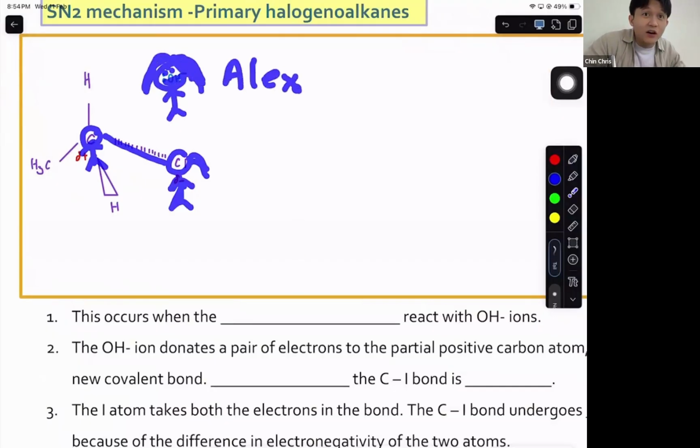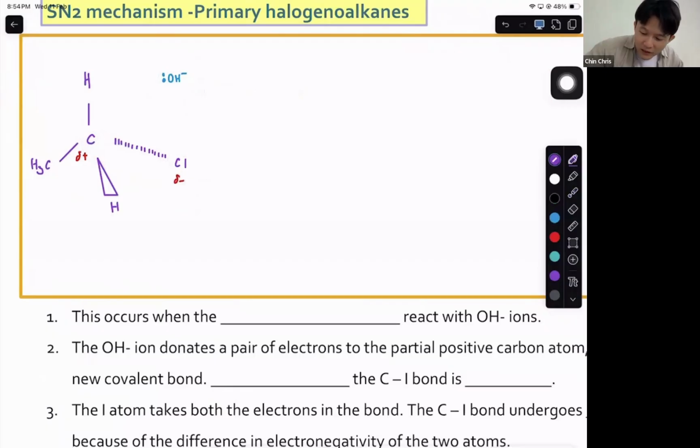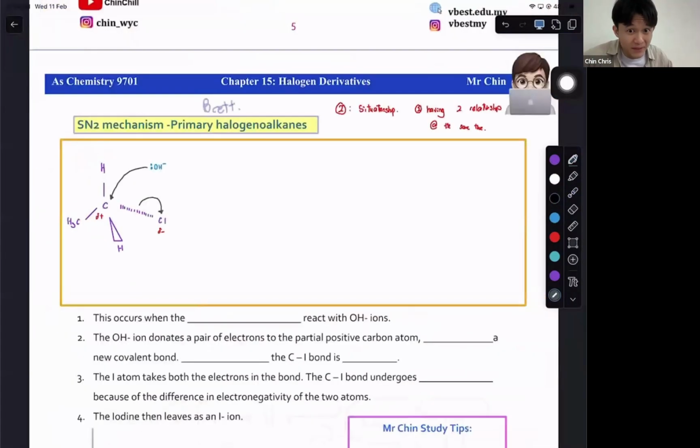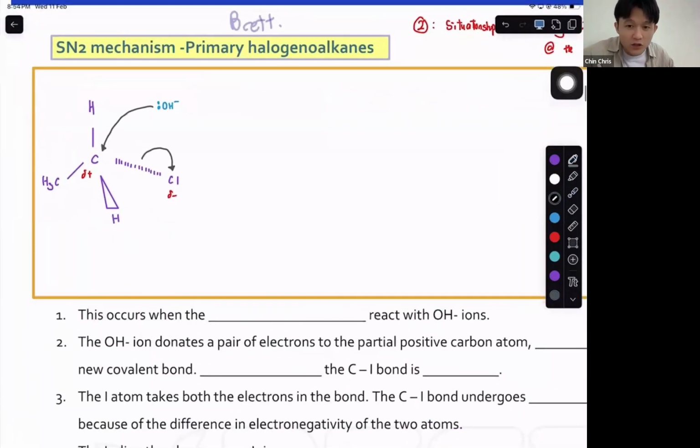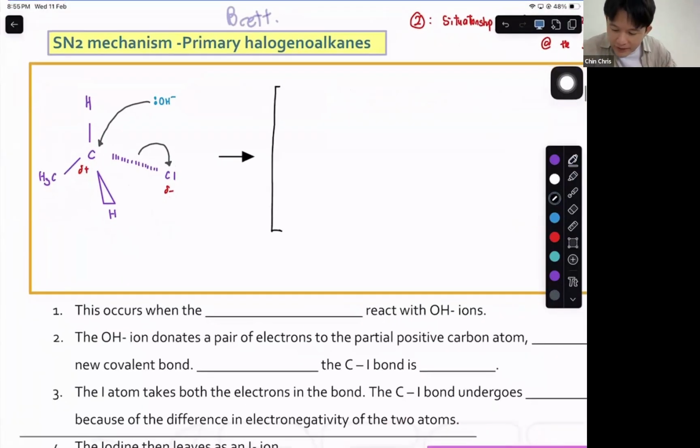So what's going to happen is that this fella is going to go on a situationship. He's forming a relationship with a girl, at the same time breaking up. So you break up and form a relationship at the same time. So you are handling 2 relationships at the same time. That is what it means by SN2. Okay, so eventually you will get a transition state that looks something like that.